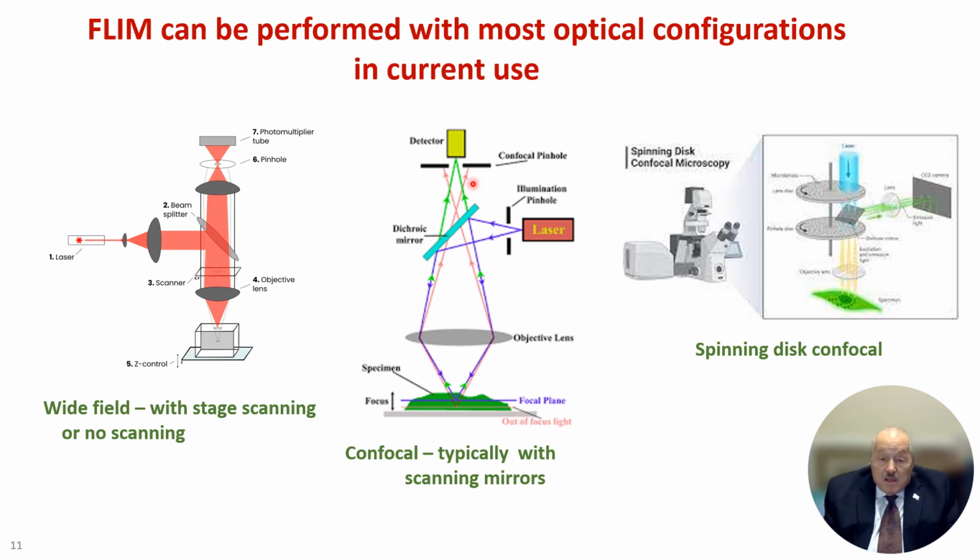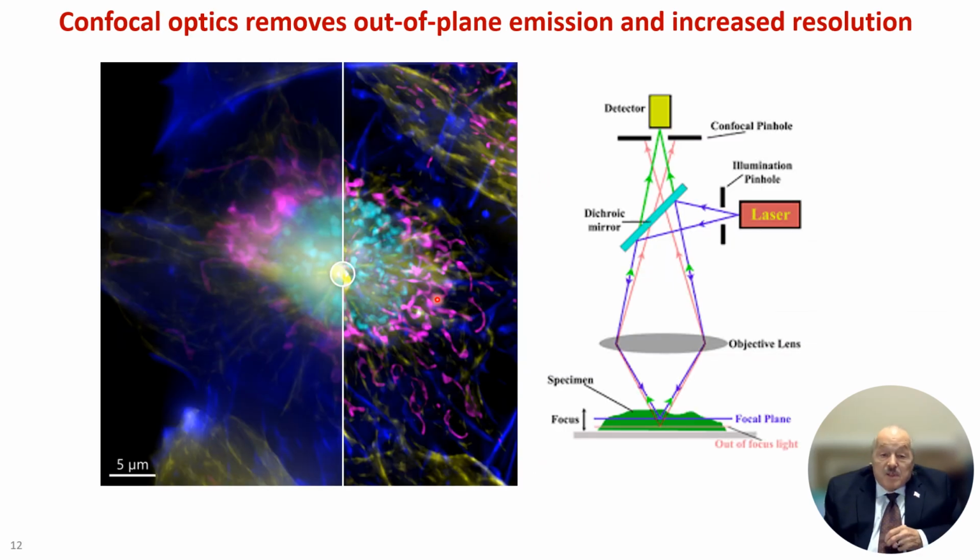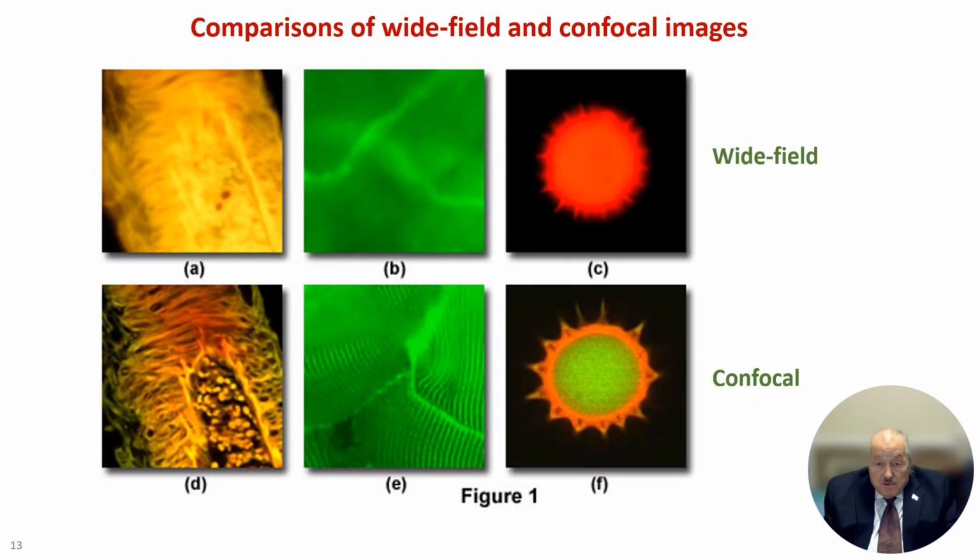But the optical apertures in the confocal instruments get rid of that. So here's a non-confocal image, and you can see a great increase in resolution and information content with the confocal image because the out of plane fluorescence has been removed.